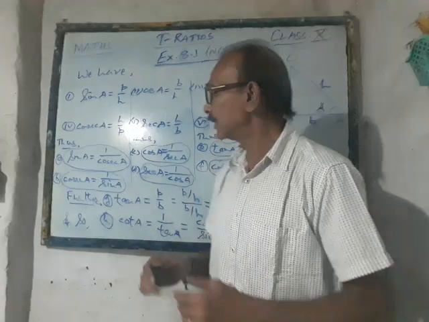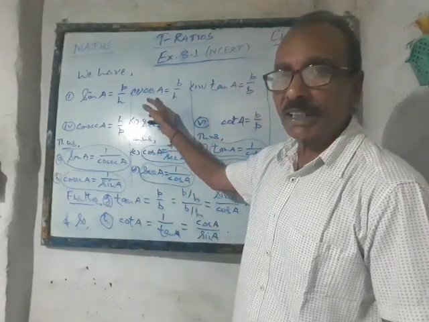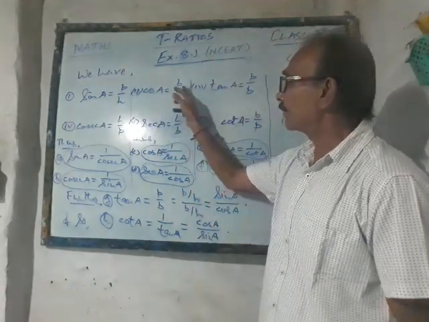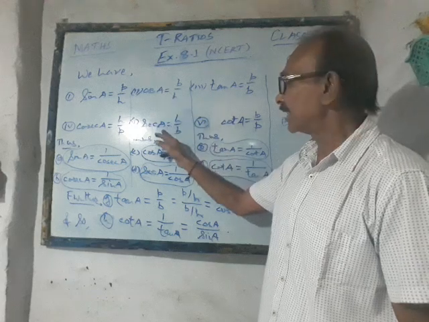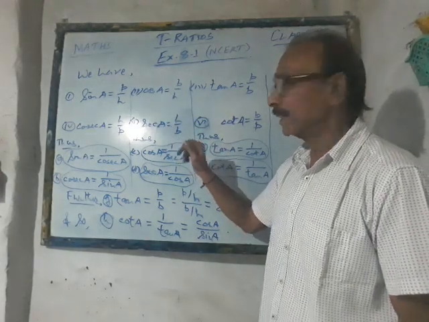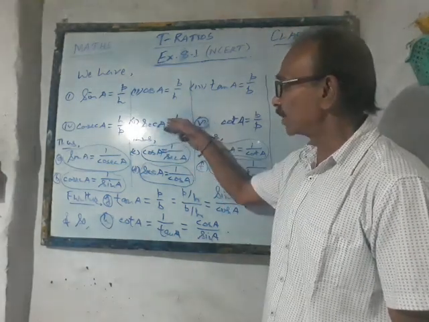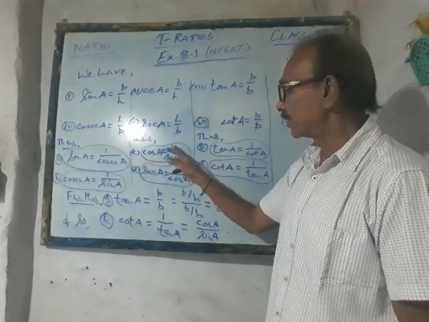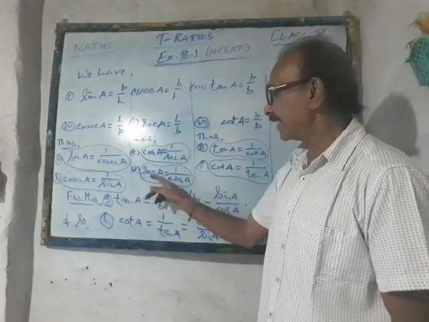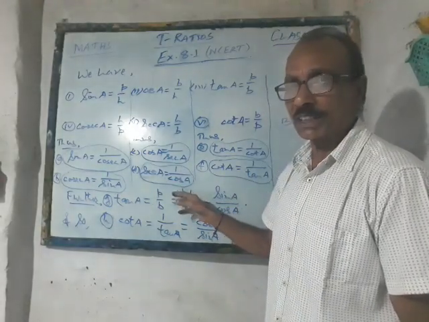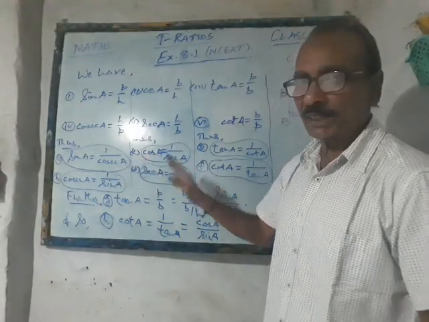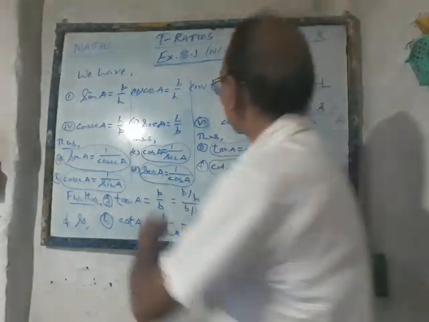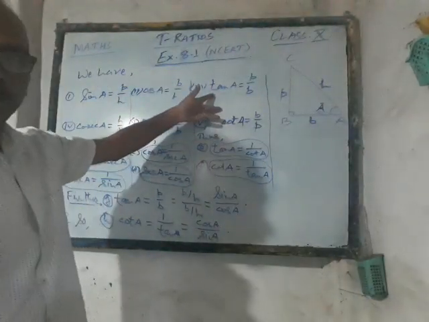It is very important to know that sine A and cosec A are reciprocal of each other. Likewise, you will find this in cos A and sec A. For cos A you have B upon H, and for sec A you have H upon B. So these two are reciprocals of each other. So cos A is equal to 1 by sec A, and sec A is equal to 1 upon cos A. Finally we have the relationship between tan and cot.